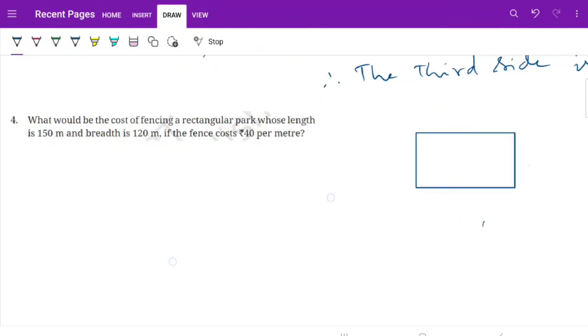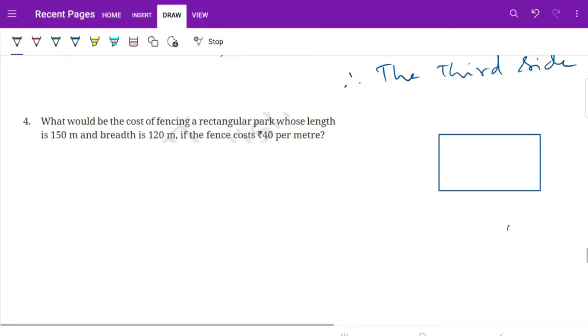So here what is given to us? Length is 150 meters, it is given in the question, and breadth is 120. Simply write here, length is 150 and breadth is. So length and breadth we have written. We have to find the cost of fencing the rectangular park if the cost is rupees 40 per meter.